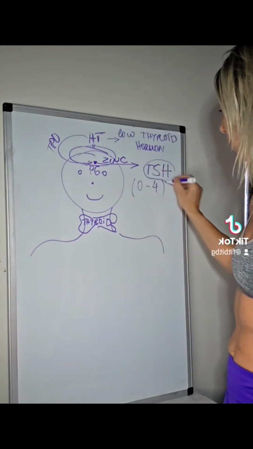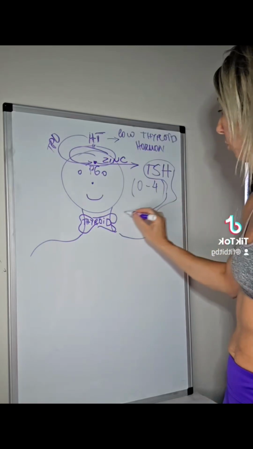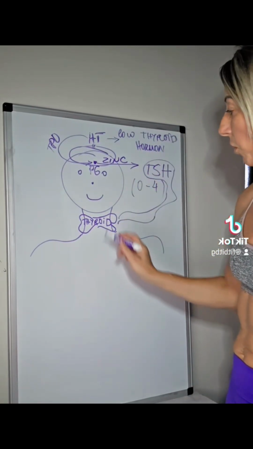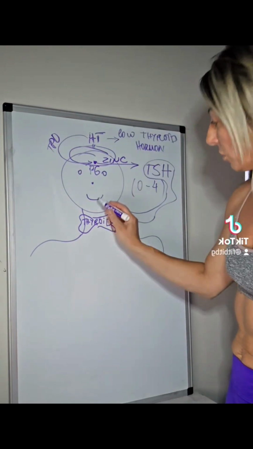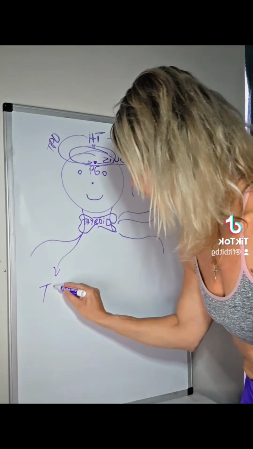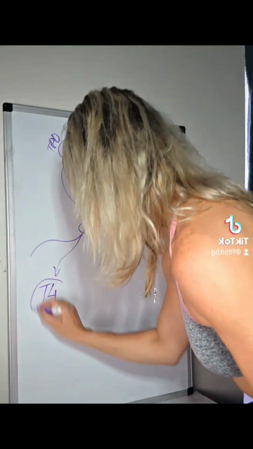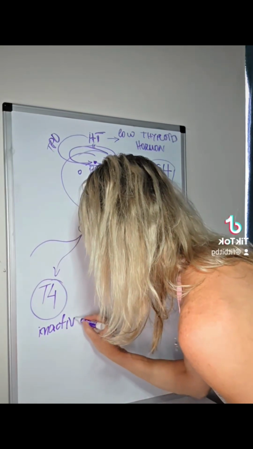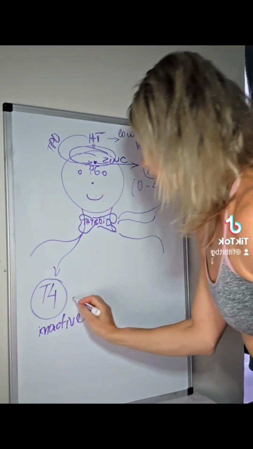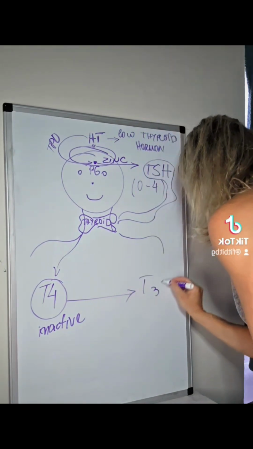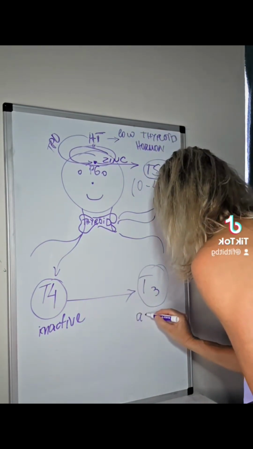So then the TSH starts running around your blood, goes to the thyroid, and it says, hey, we are low on thyroid hormone, can you please produce some? So the thyroid says, okay, here is some T4, and that is the inactive form of the thyroid hormone. So this inactive form needs to be converted to the active form called T3.